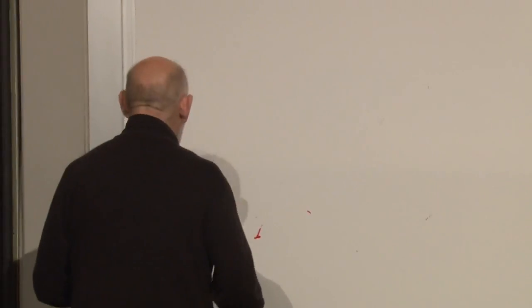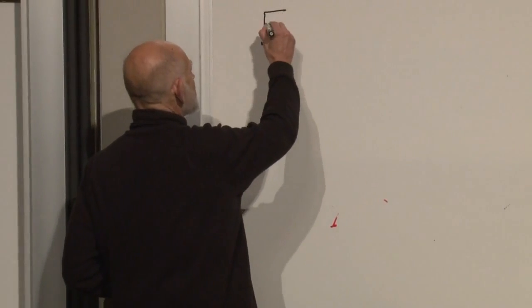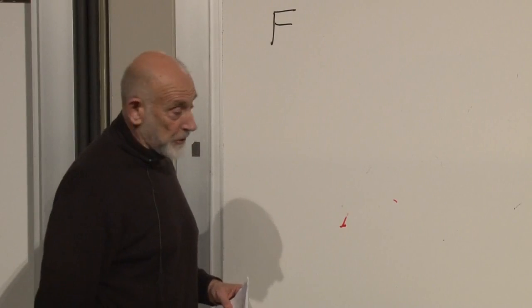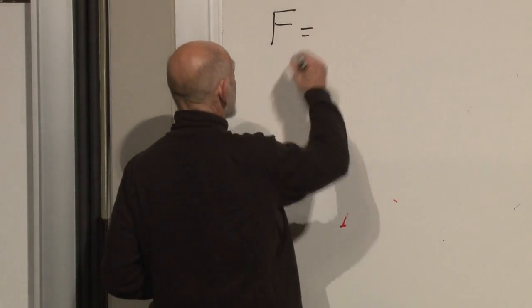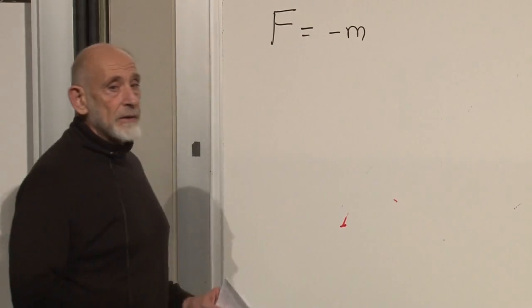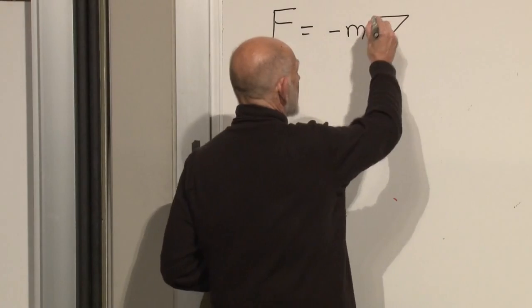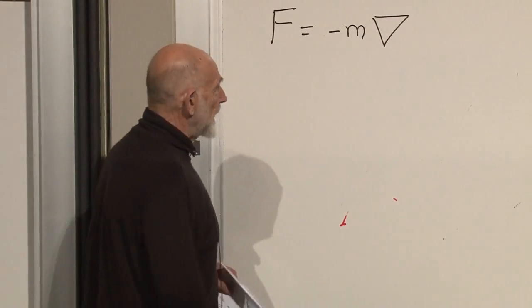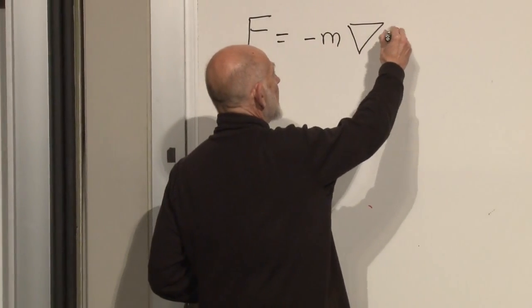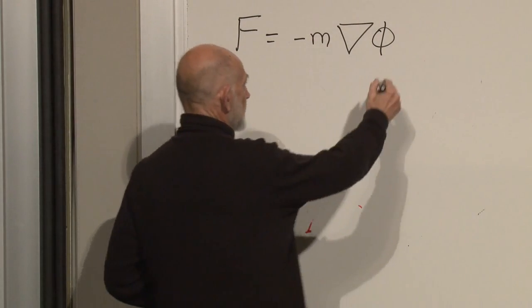First of all, field affects particles. That's just a statement that F, the gravitational force on a particle, can be written as minus m times the gradient of the gravitational potential. The gravitational potential I usually write as phi, and phi is a function of position.